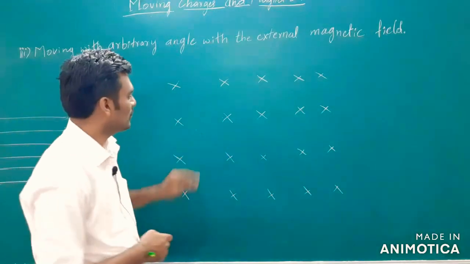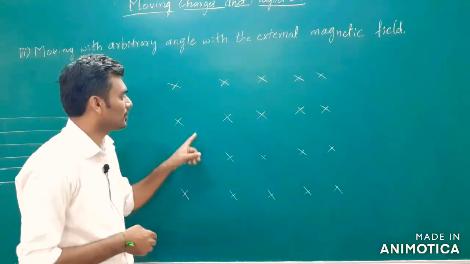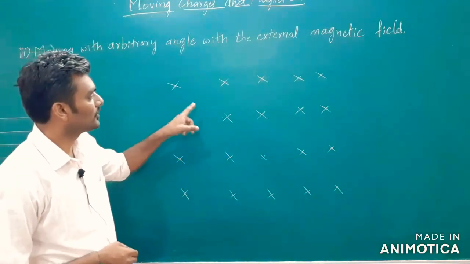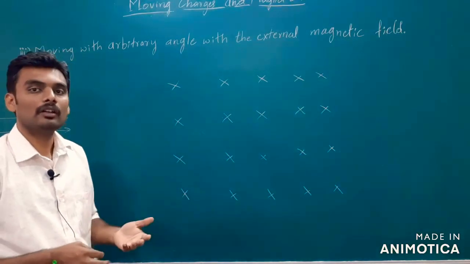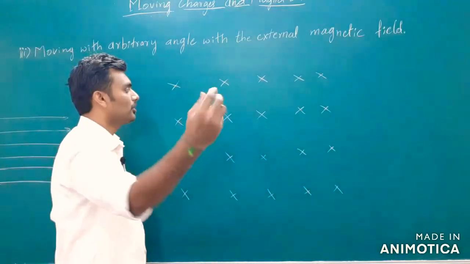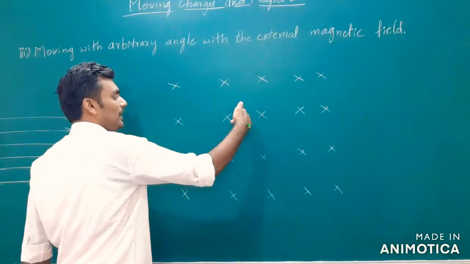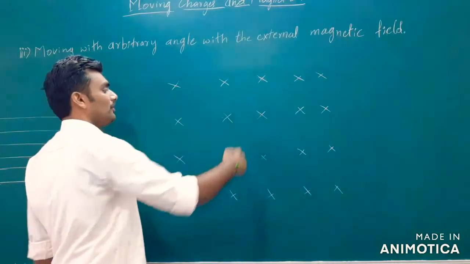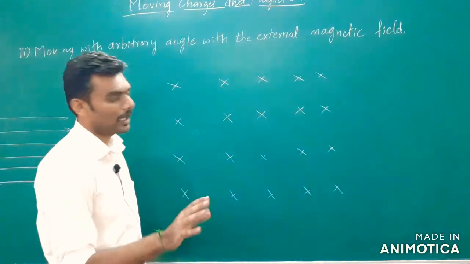So in this situation, the velocity or the motion of the charged body should be neither parallel, nor anti-parallel, nor perpendicular. Parallel means the charge should be thrown like this, because this is the B direction and this itself should be the V direction. I am not doing that.